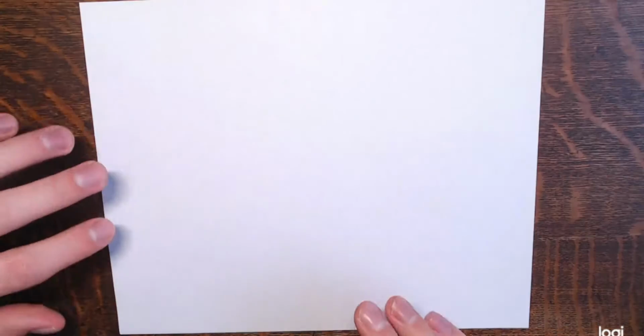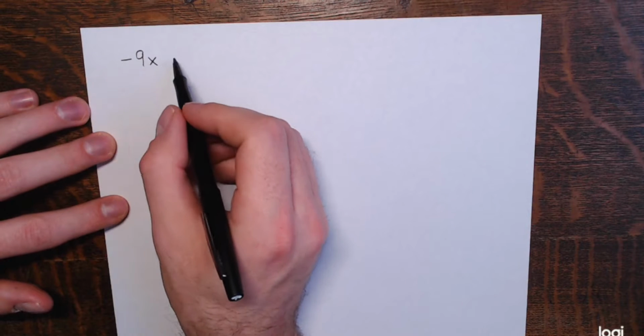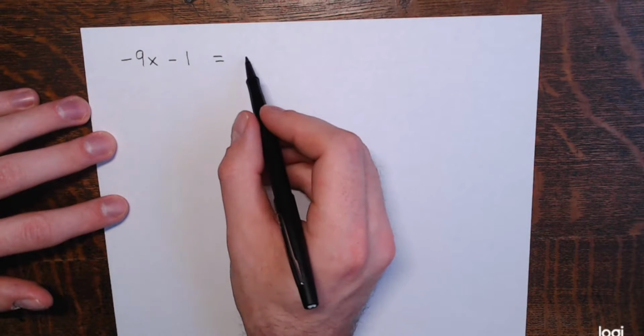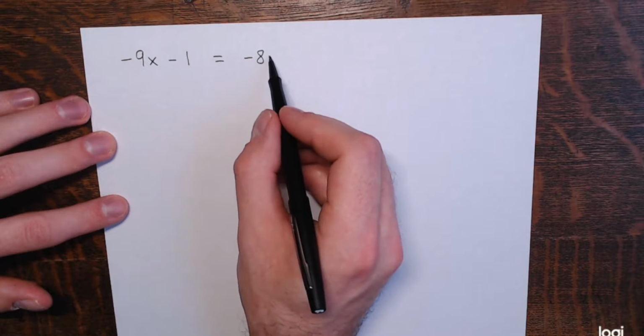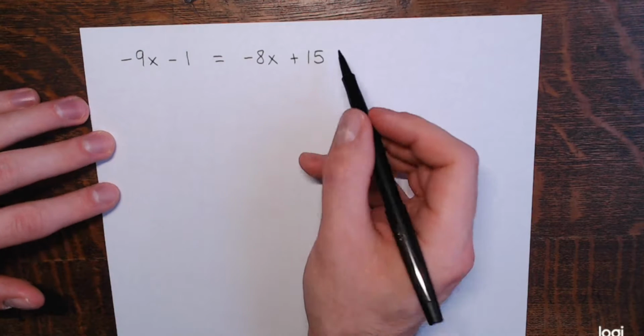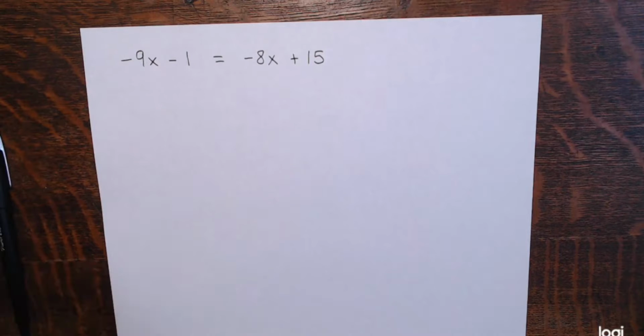All right, so left side we have negative 9x minus 1 equals right side, you have negative 8 times x plus 15. Now just pick a side.